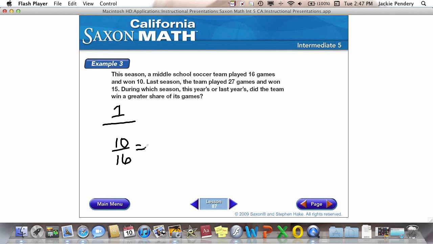So I can reduce this, divisible by 2, to 5/8. Okay? In season 2, we played a total of 27 games and won 15. Both of these are divisible by 3. 15 divided by 3 is 5. 27 divided by 3 is 9. So I have 5/8 and 5/9.